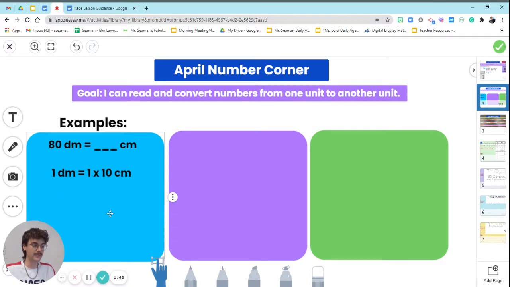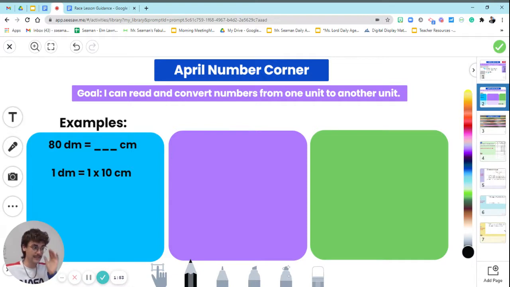Let's think about how we can solve this. If I have 80 decimeters, I know that with 1 decimeter, to figure out how many centimeters it is, I just have to multiply my decimeter amount by 10 centimeters. So 80 decimeters equals, instead of putting 1, I'm going to replace it with the 80: 80 times 10 centimeters.